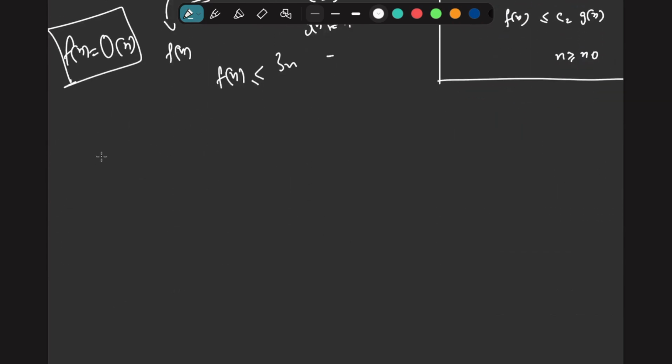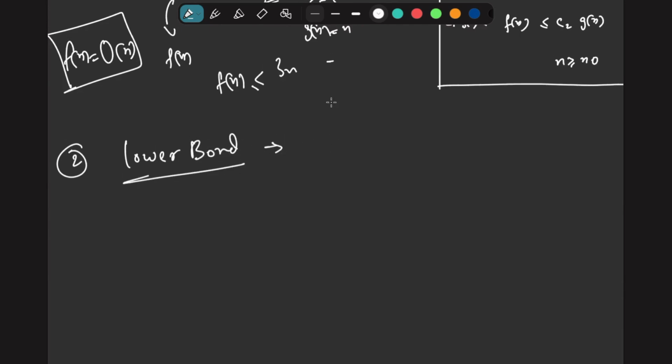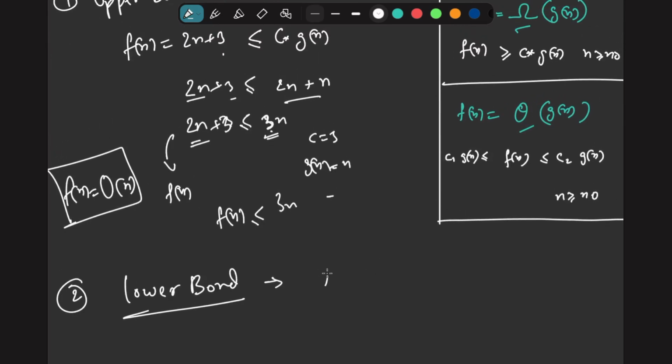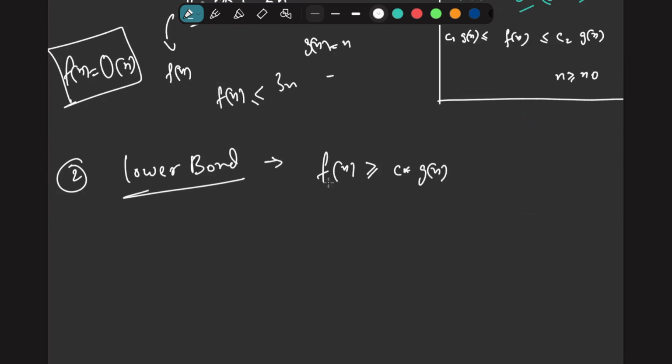And for a lower bound, the definition is f of n is greater than or equal to c times g of n. The f of n is 2n plus 3.